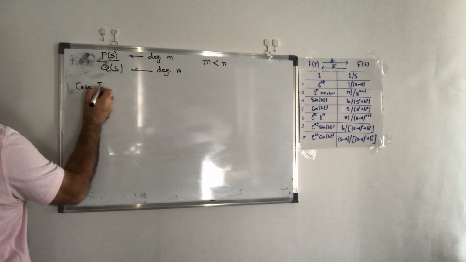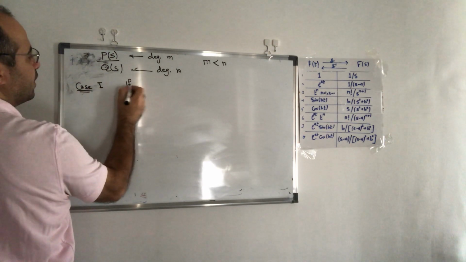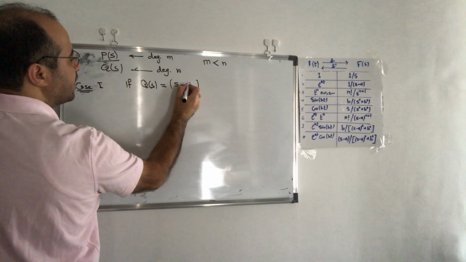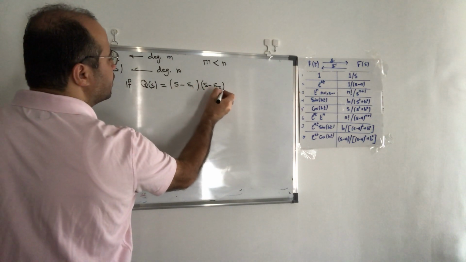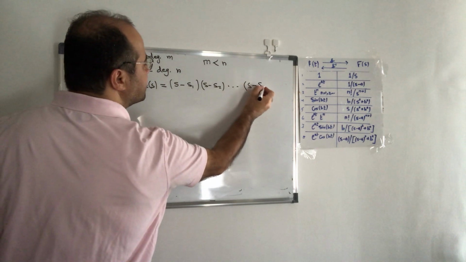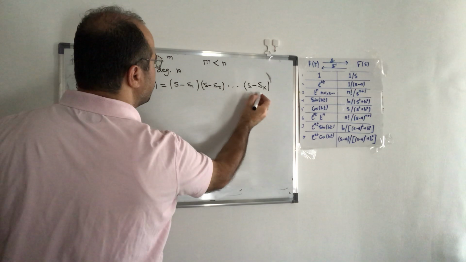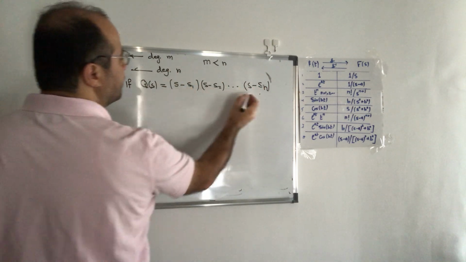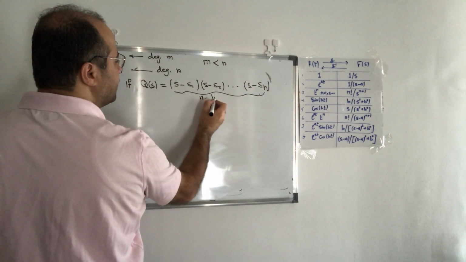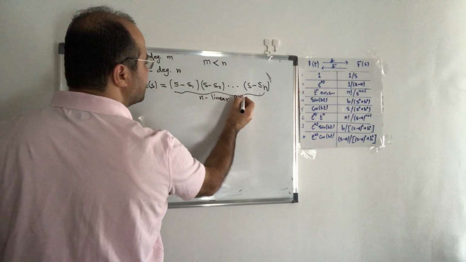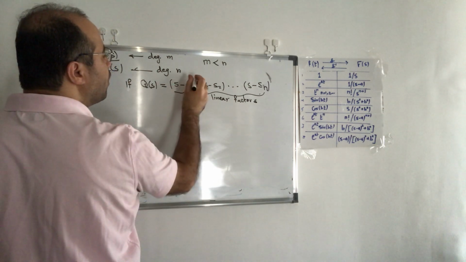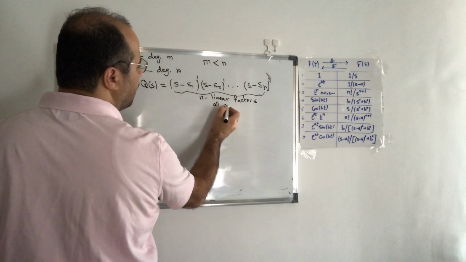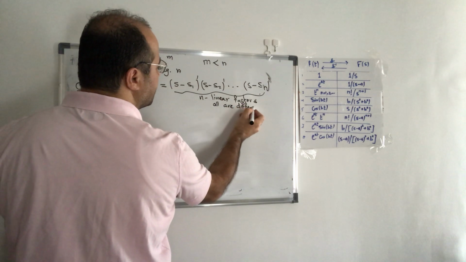Case 1: if Q of s can be factorized as (s minus s1)(s minus s2) up to (s minus sn), so you can factorize this into N linear factors, with multiplicity 1, all with power 1, all different factors.